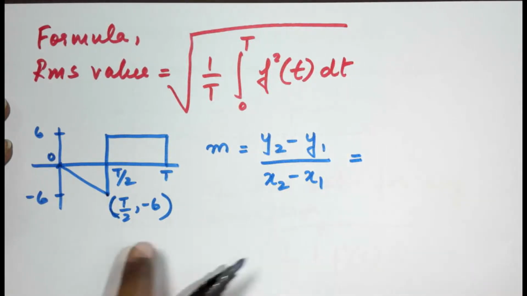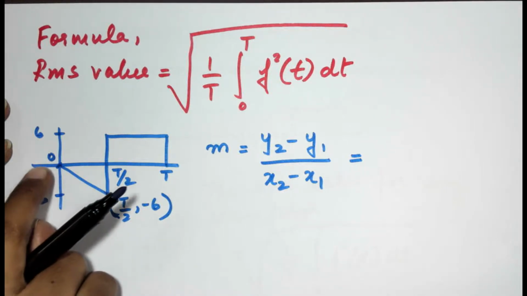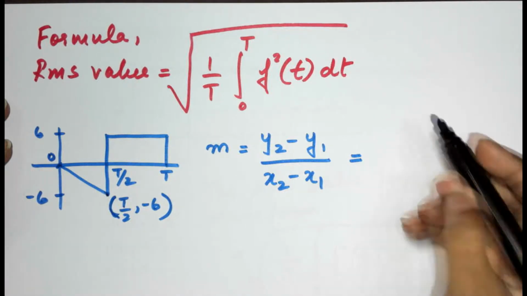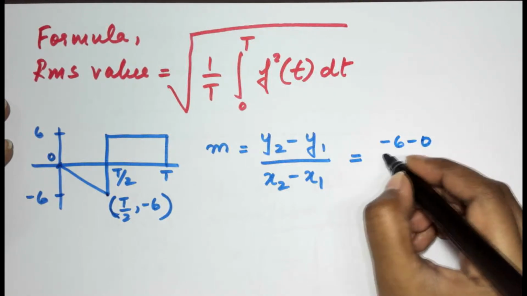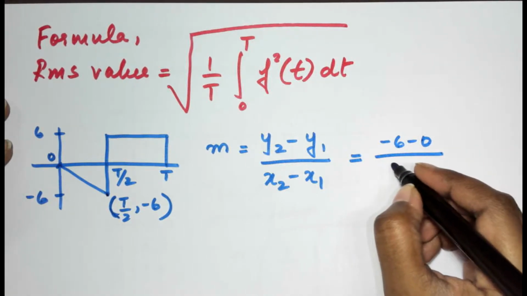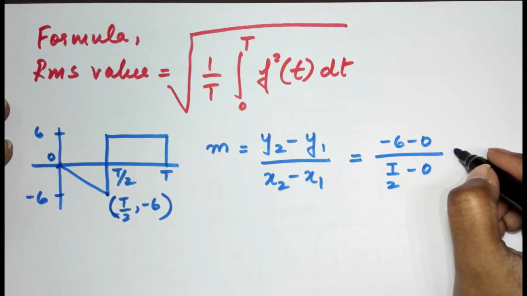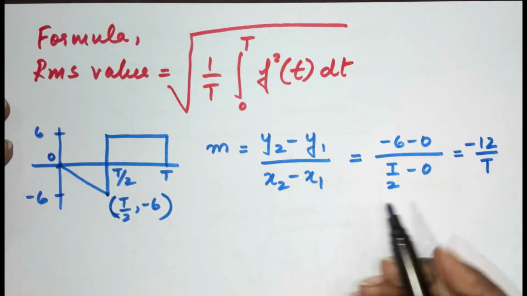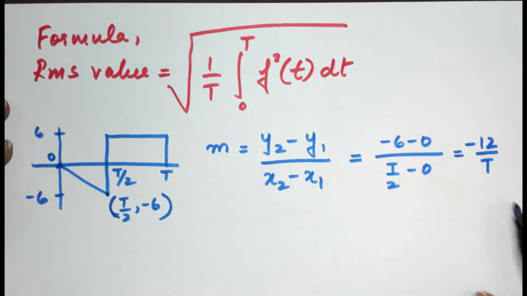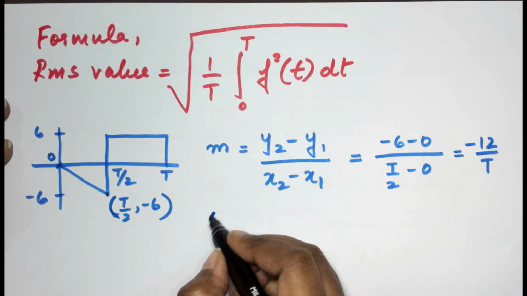Consider this to be the point x2, y2, and this is x1, y1. So here we would have minus 6 minus 0 divided by T by 2 minus 0. And that gives us a value of minus 12 by T. So here the slope m is minus 12 by T. Now what is the equation of a straight line?